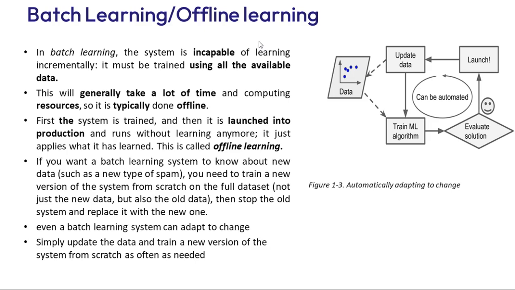So one is batch learning. In batch learning, if you see this diagram here, the system is incapable of learning incrementally, right? Then you just give the data sets to the system, and the system is first trained and then you launch it into production, and suppose there is a problem, again you have to come back.